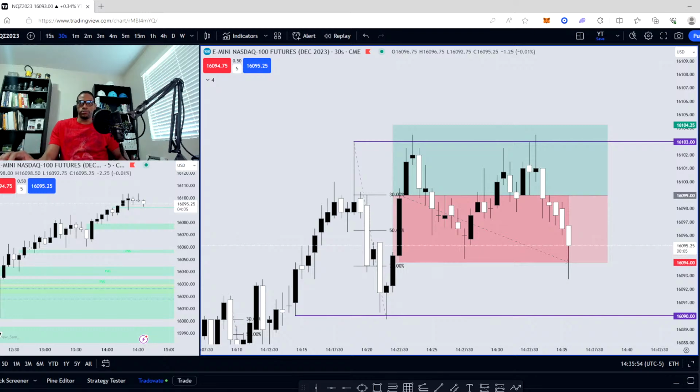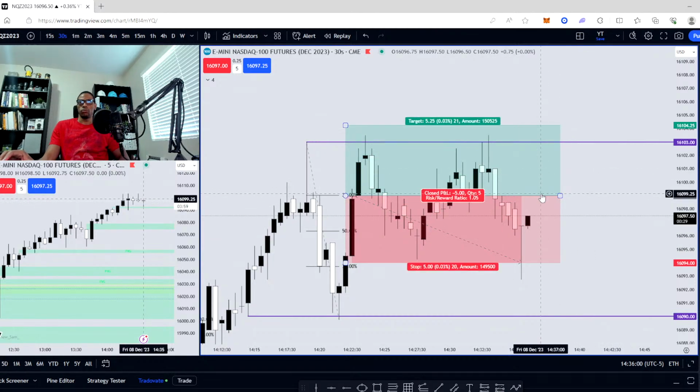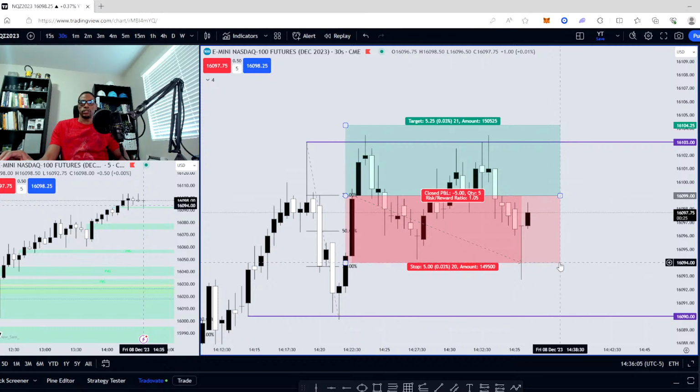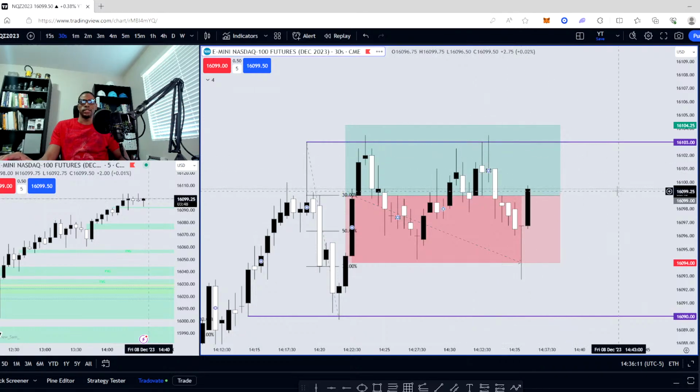Okay, so that 30% retracement entry would have been a losing entry. Question is just where would you have placed your stop loss? If you left it where it was, you lost all 5 points. If you made any of the shifts as price was moving upwards, you lost less.